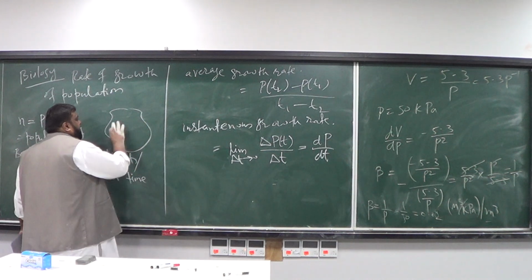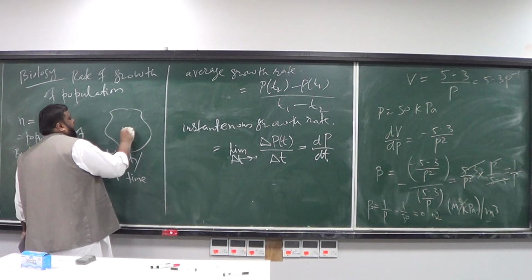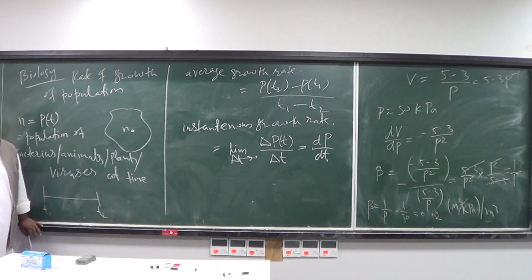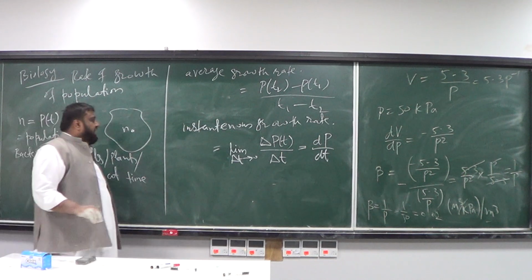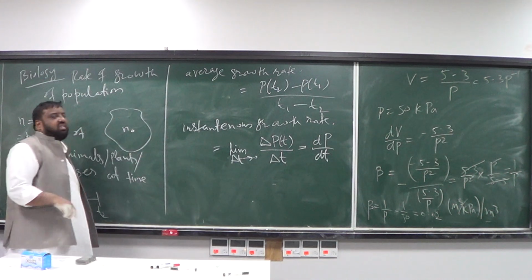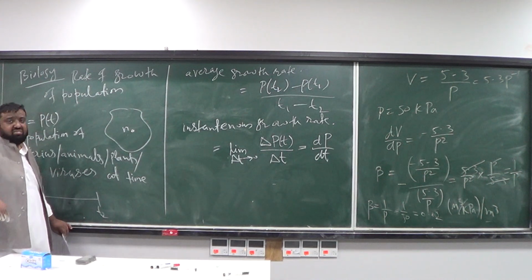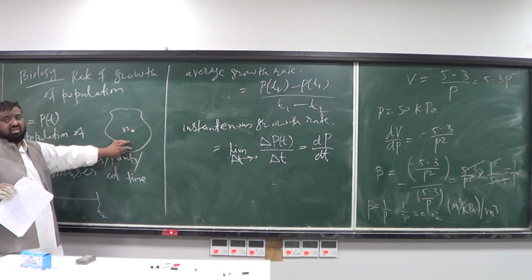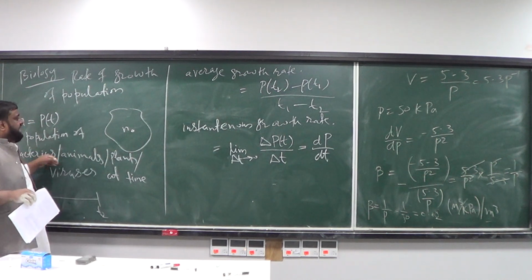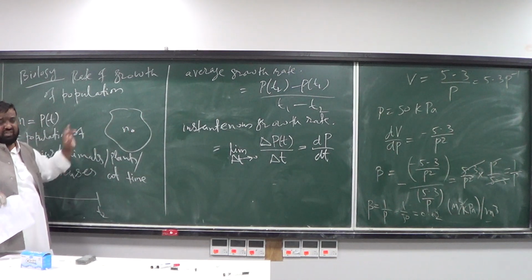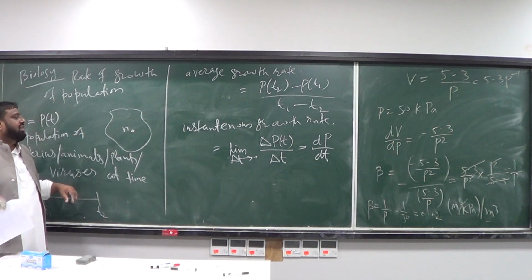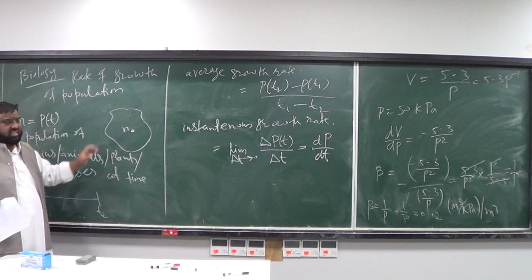When you started your observation, the initial population of this was n naught. And let's assume that the population doubles every second. The population of bacteria doubles every second. The viruses in your computer double every second. That would be something scary. But let's assume that it doubles every second.